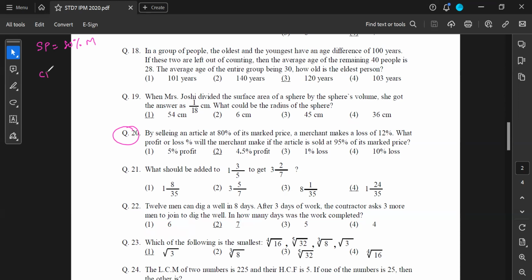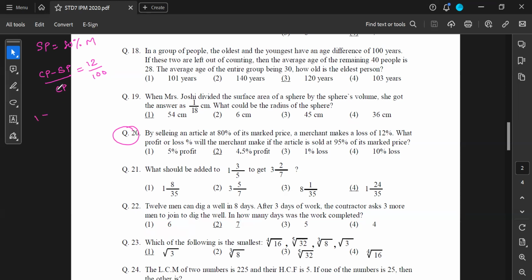So the cost price minus selling price upon cost price is equal to 12%. That's what they have said. In this case, I will have to calculate the cost price. Selling price is 80% of marked price, so I'll divide by cost price in both places.